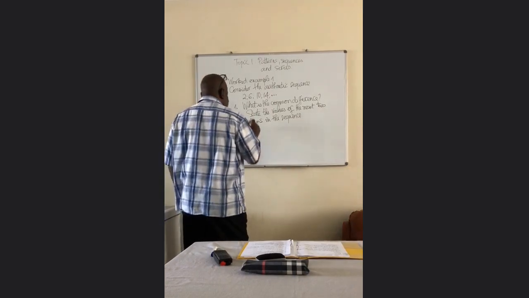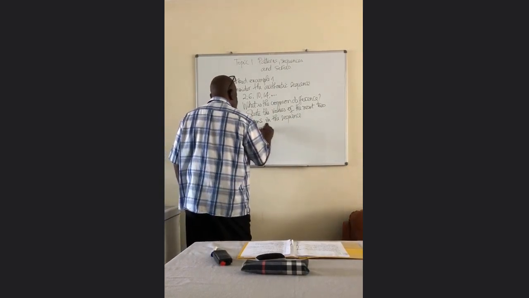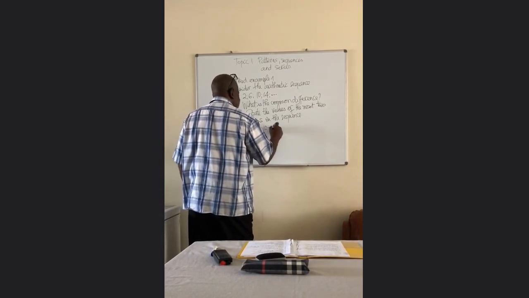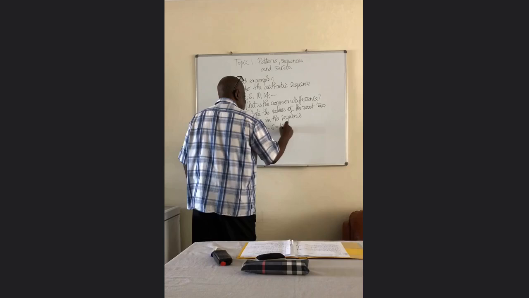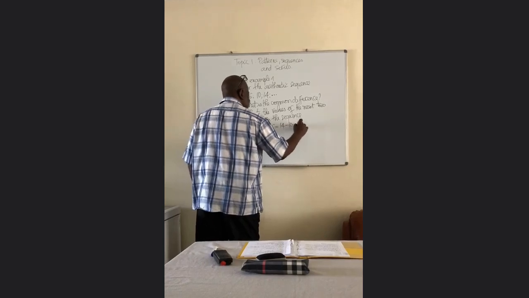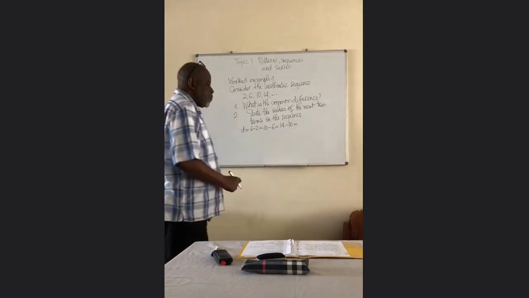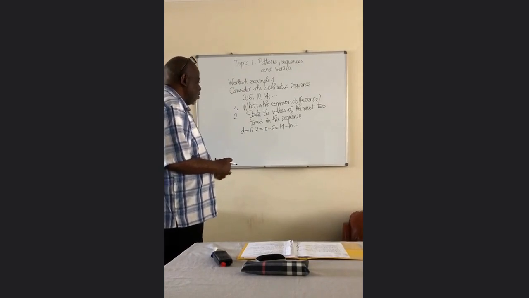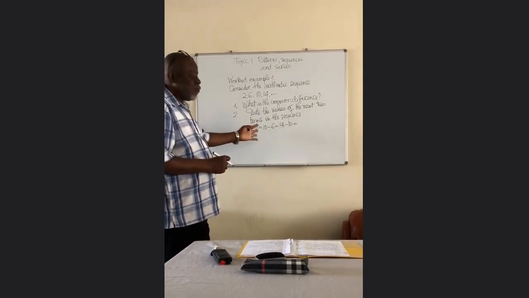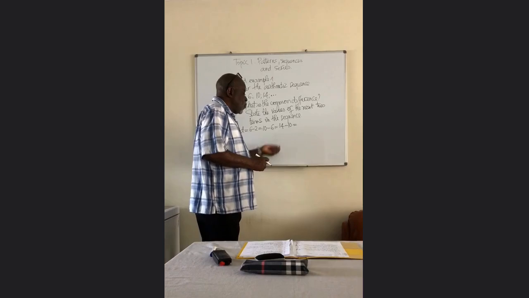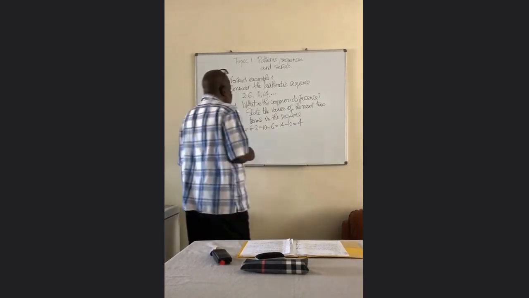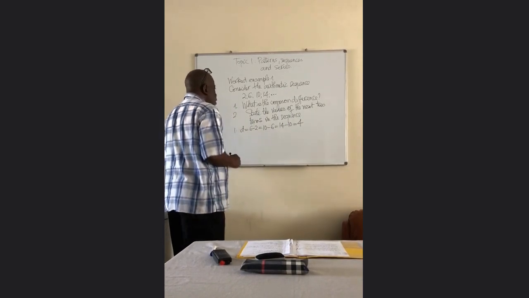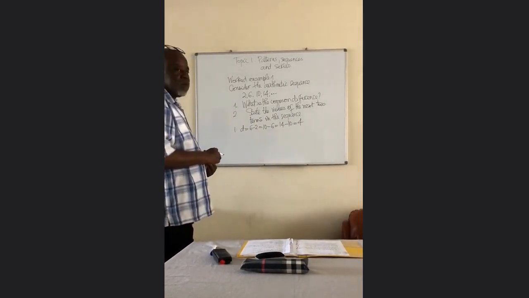So our common difference D will be 6 minus 2, equal to 10 minus 6, equal to 14 minus 10. 6 minus 2 is 4, 10 minus 6 is 4, and 14 minus 10 is 4. So for the first question, our common difference is 4.